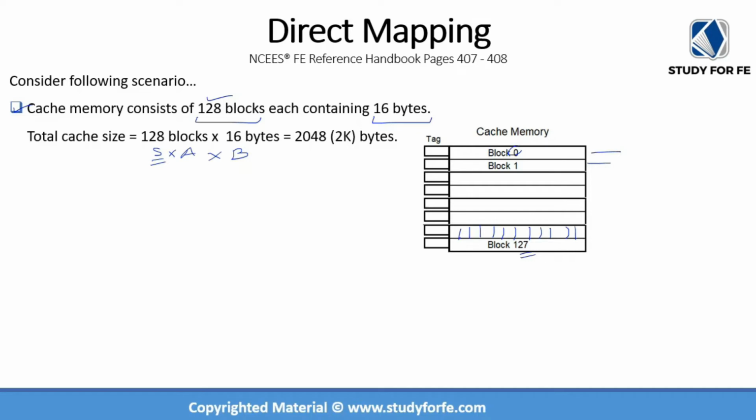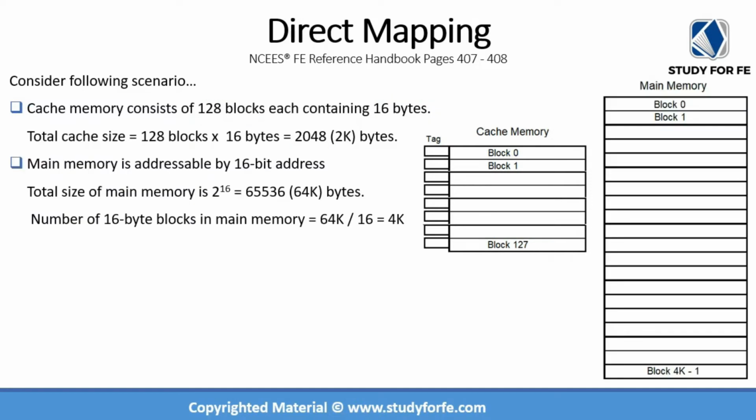You don't have to worry about it. As soon as the question tells you that it is direct mapping, A will be equal to 1. So in this case, I haven't multiplied it by 1, but it's understood. And B is the size of each block, which is 16 bytes. So when I multiply these, I get the result 2048 bytes or 2k bytes. 2 kilobytes. That is the size of this cache.